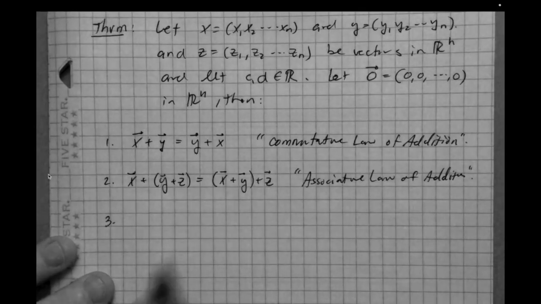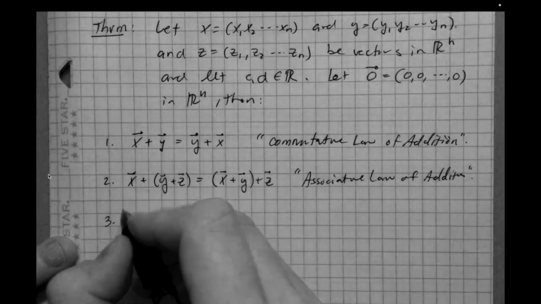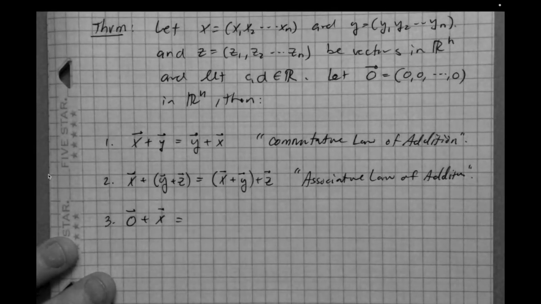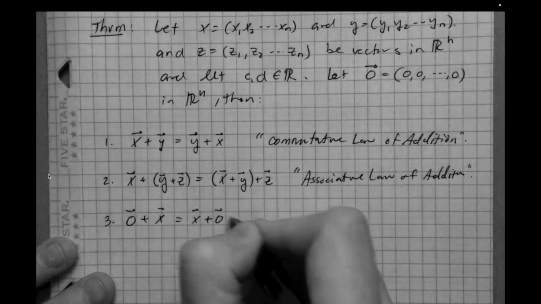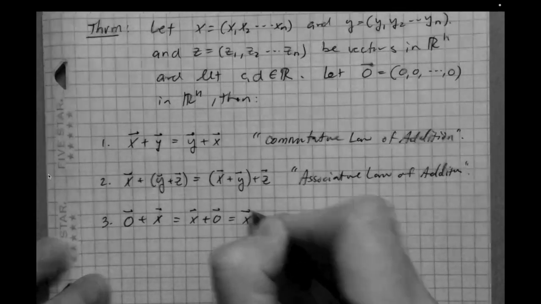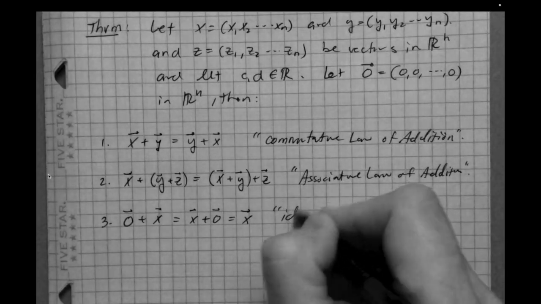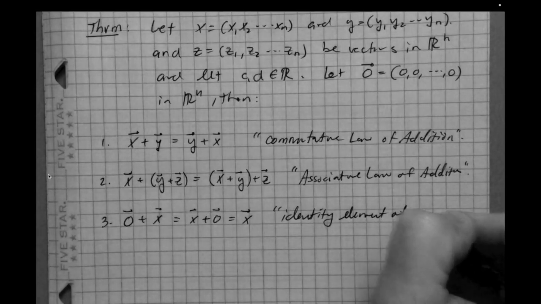The identity element of addition, right? So if I take 0 vector plus any vector x, then I get the same thing as x plus 0, and both of those are equal to just x, right? This is what's called the identity element of addition.